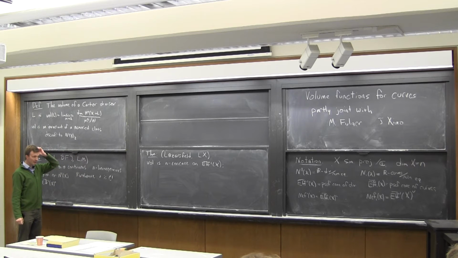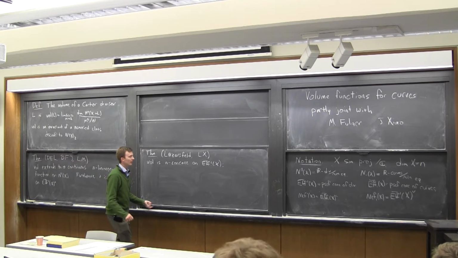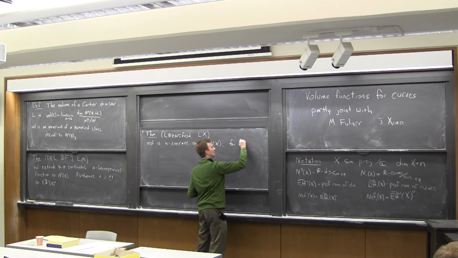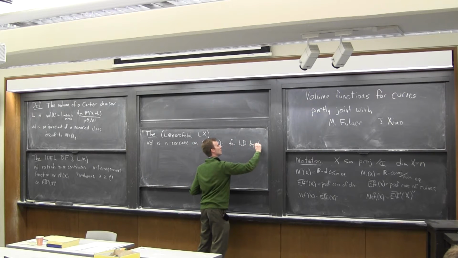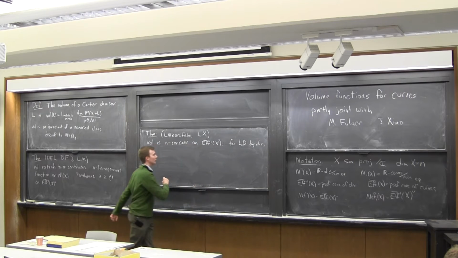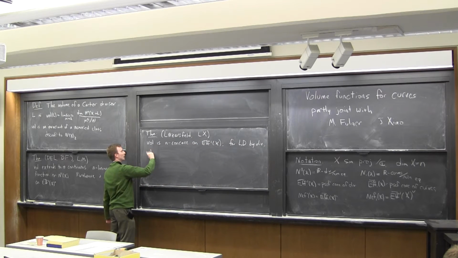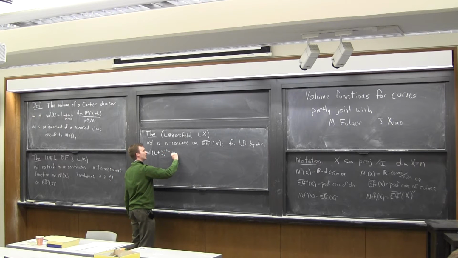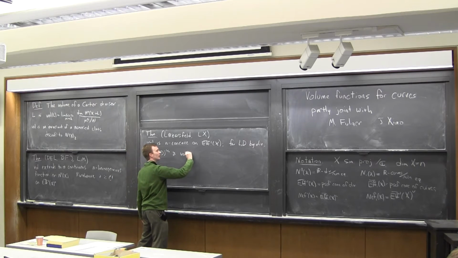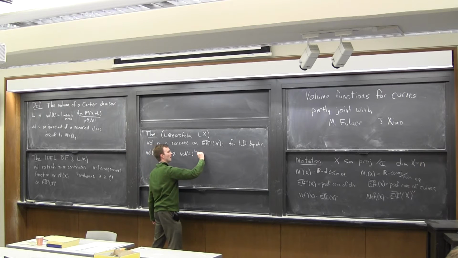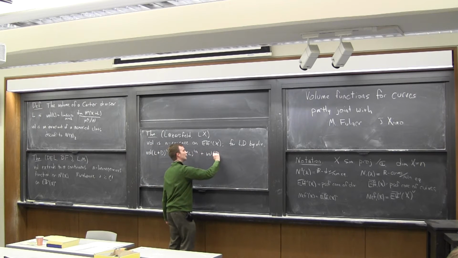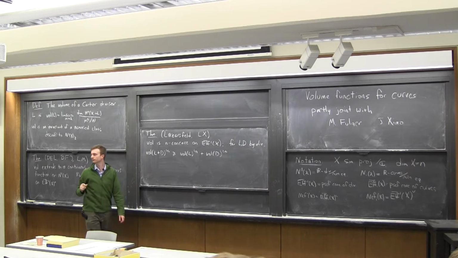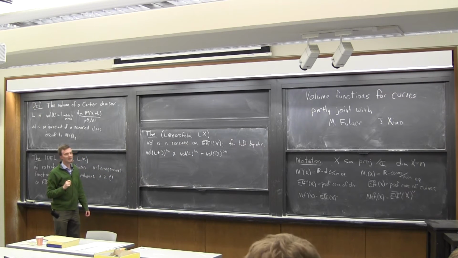Okay, so let me explain what this means. What I mean by this is for L and D big divisors, we have an inequality that the volume of L plus D to the 1 over n is at least the volume of L to the 1 over n plus the volume of D to the 1 over n.